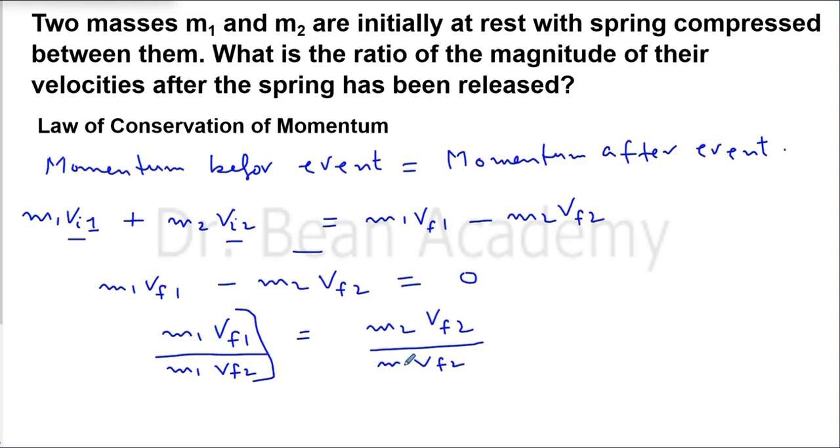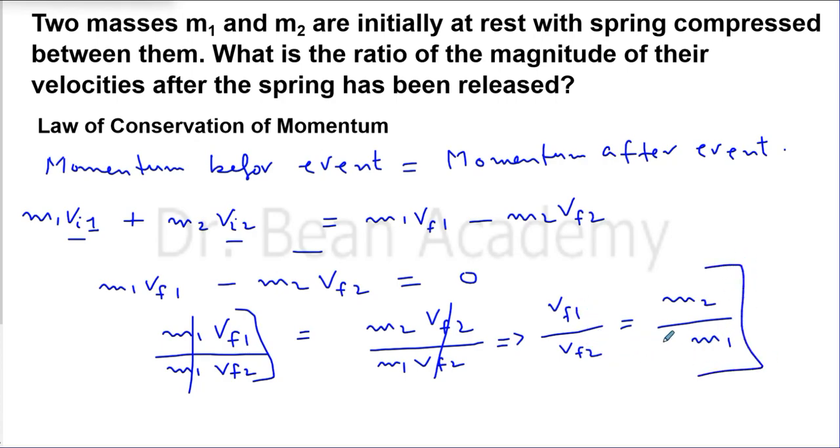So these two will cancel out, and here vf2 will cancel out. Let's rewrite this expression clearly: vf1 divided by vf2 equals m2 over m1. So we have found the ratio of the velocities, and we see that it is equal to m2 over m1. Here is the answer to your question.